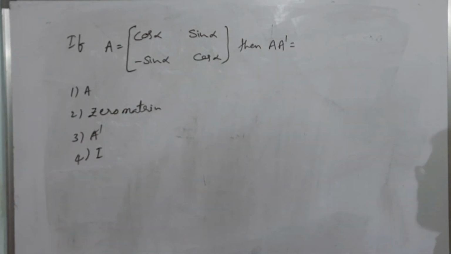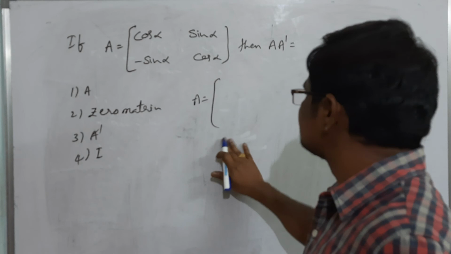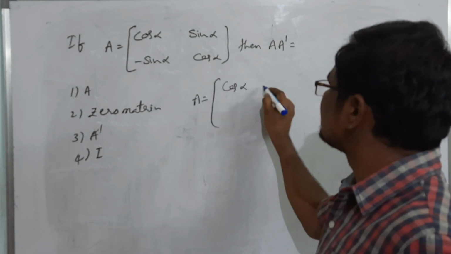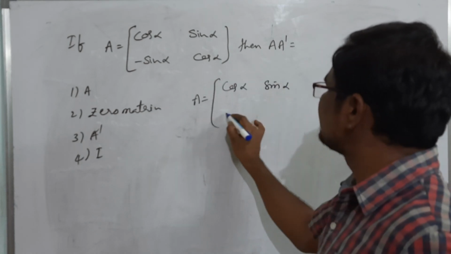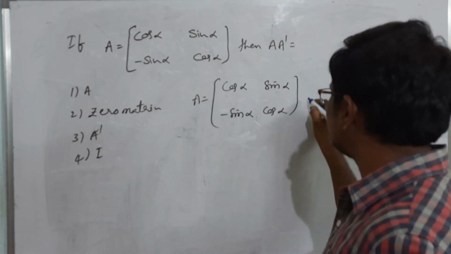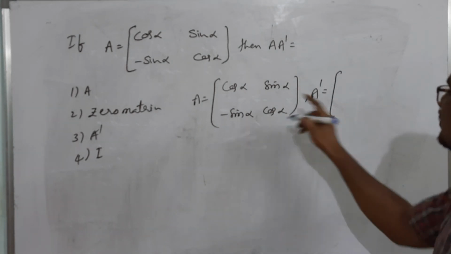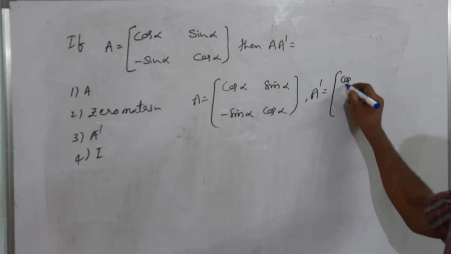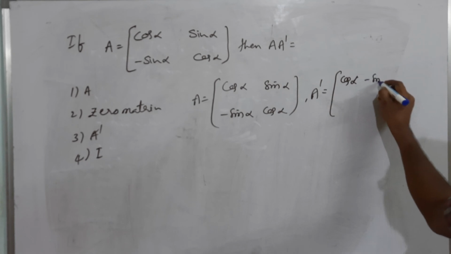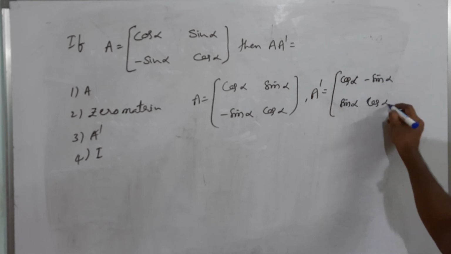So A into A dash, this is also one of the simple problems, easiest. A is cos alpha, sin alpha, minus sin alpha, cos alpha, and A dash equal to what? First column becomes first row and second column becomes second row.